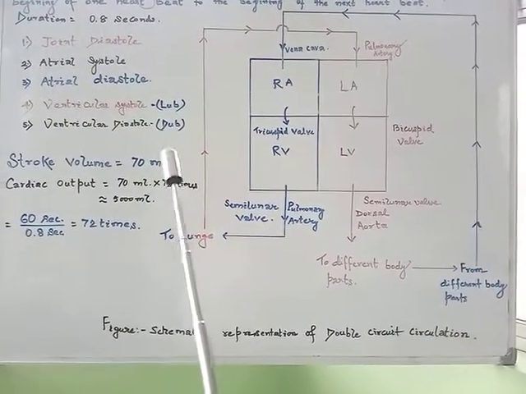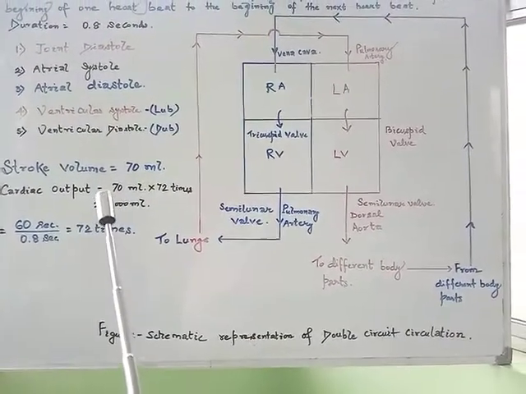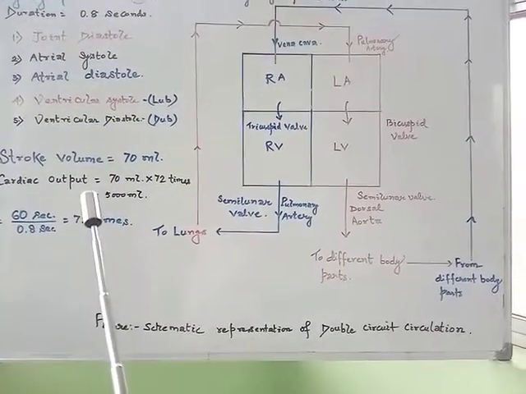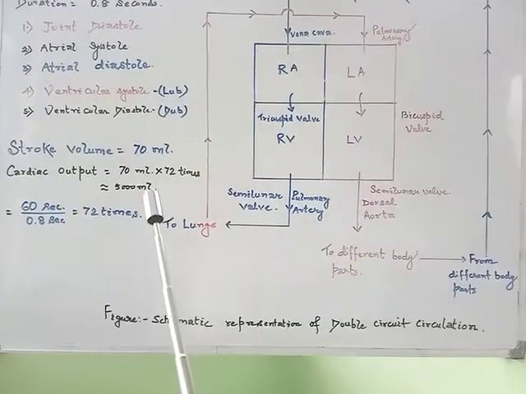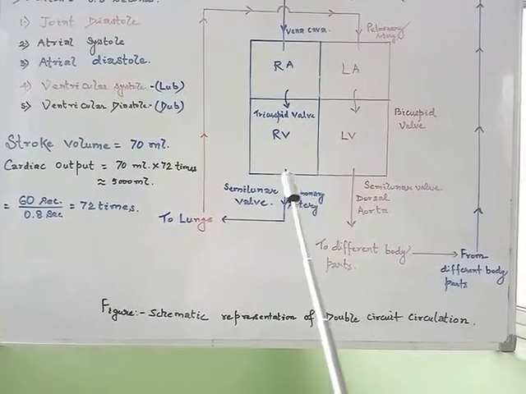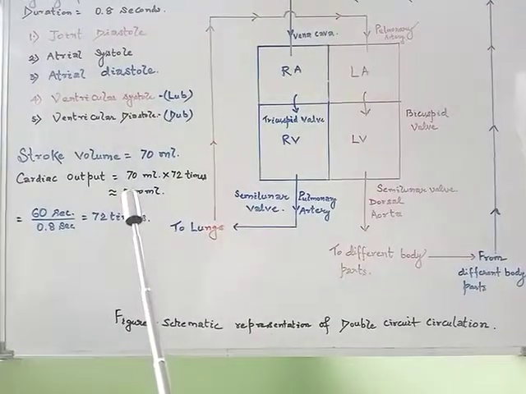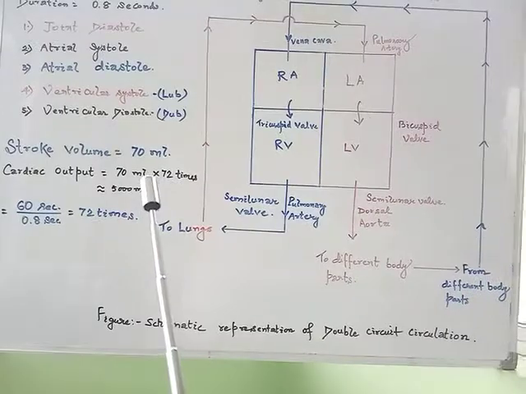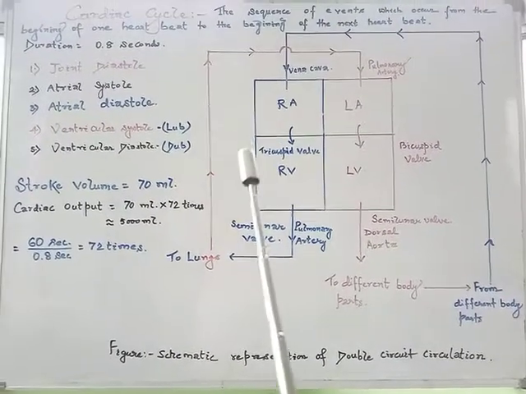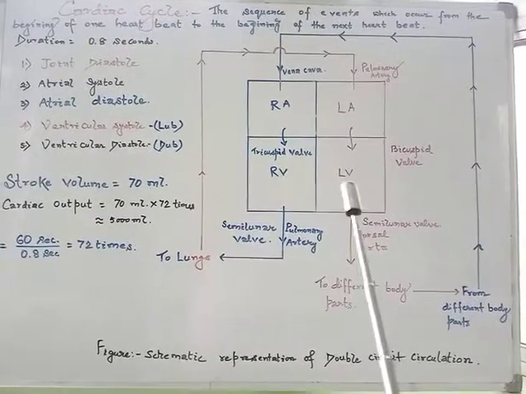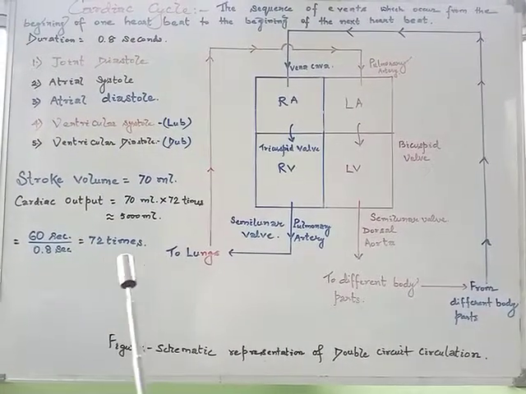And what is cardiac output? Cardiac output is the volume of blood pumped by the ventricles per minute. We may calculate it easily: per cardiac cycle about 70 ml of blood is pumped, and in a minute the heart beats about 72 times.